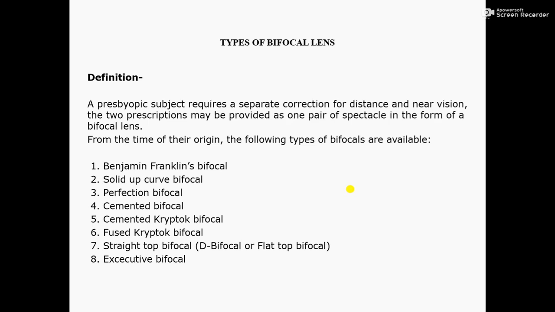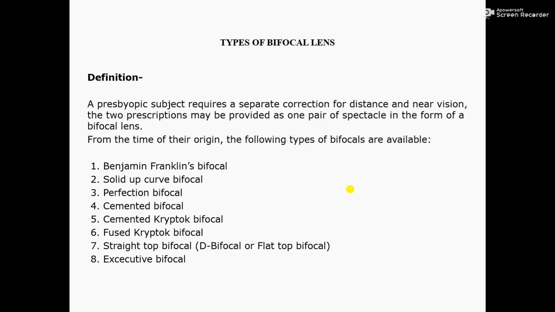After we lose the ability to naturally change the focus of our eyes due to age, also known as presbyopia, bifocal lenses are more commonly prescribed to people over the age of 40 years to help compensate for the natural degradation of vision due to the aging process.